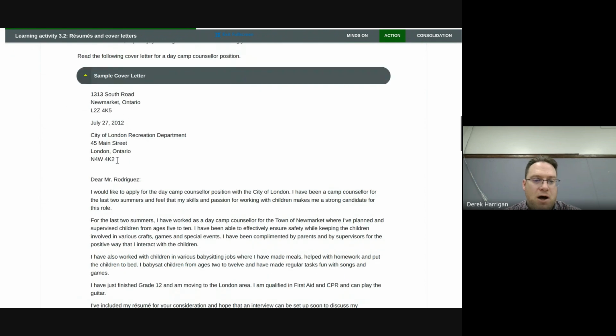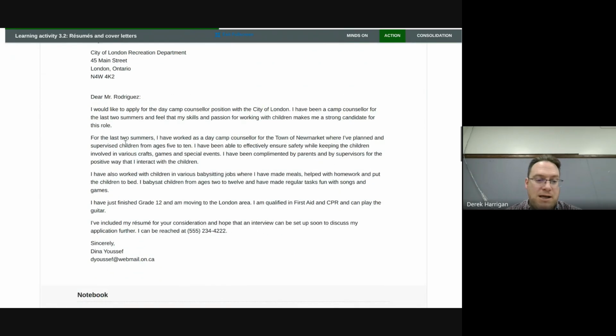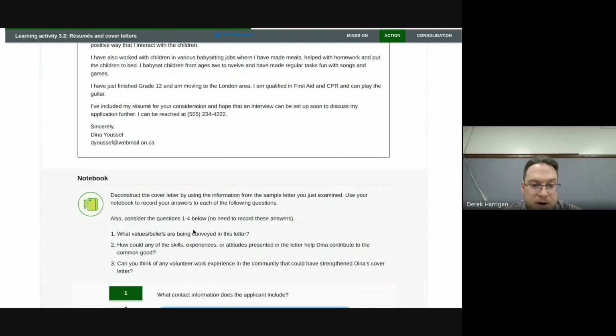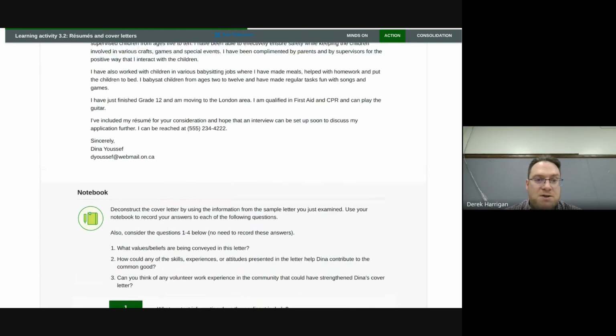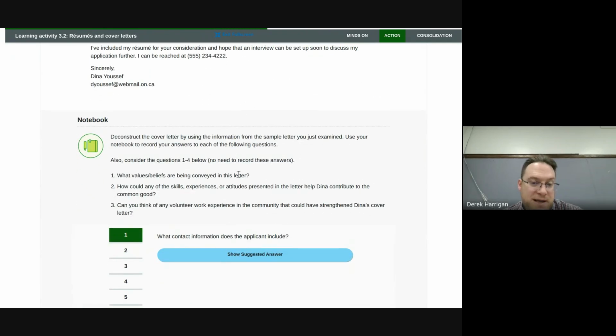So you see contact information for yourself and for the place in which you're applying. You've got an example of what a cover letter would look like, and then you've got a sincerely and your name at the bottom. You're asked to take some notes here, try to deconstruct this cover letter and see if you can answer some questions about what's being conveyed in the cover letter, and consider what you think is most important when you're writing a cover letter.